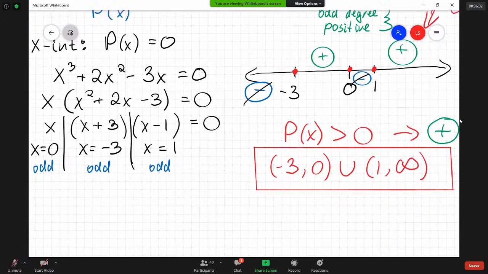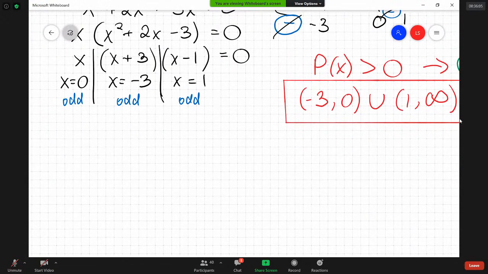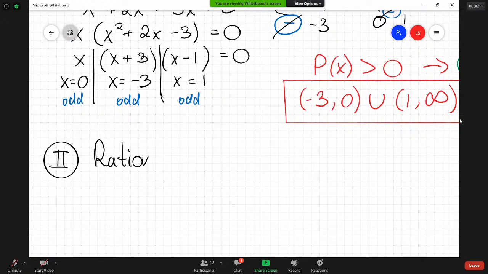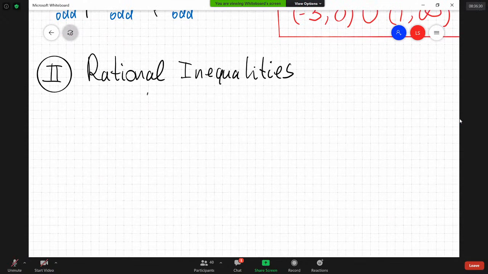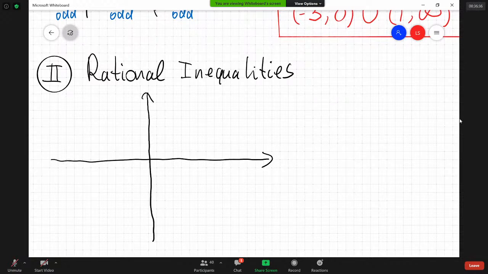All right. Now let's get to the more difficult rational inequalities. These should be a little more fresh in our memory because polynomials we did the previous week, but rational functions we did Tuesday. So what we saw are the following possibilities. We can have vertical asymptotes.